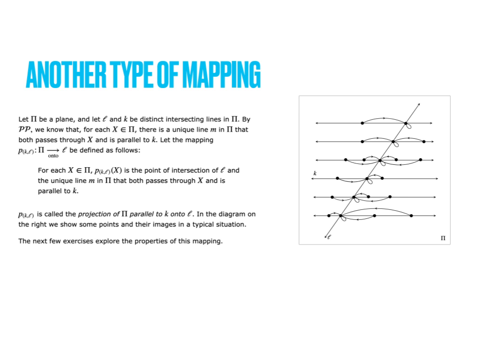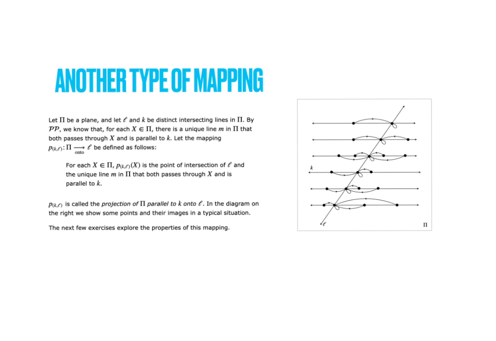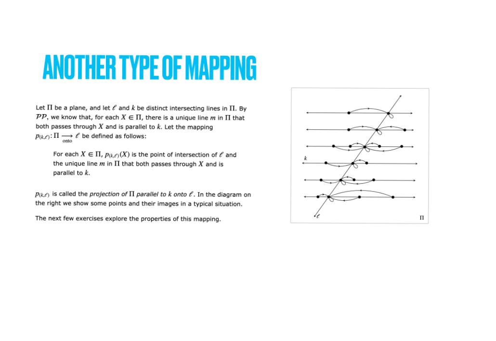Now I'd like to talk about another type of mapping. Remember, I can assign points in the plane any way that I'd like. So we have a different mapping defined over here. Let's read through it and see what's going on. So we're going to let pi be a plane, and we're going to let L and K be distinct intersecting lines in pi.